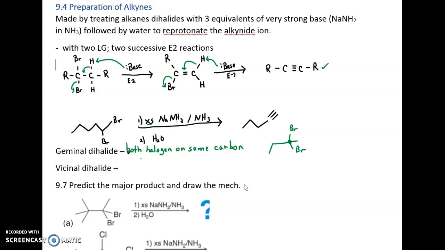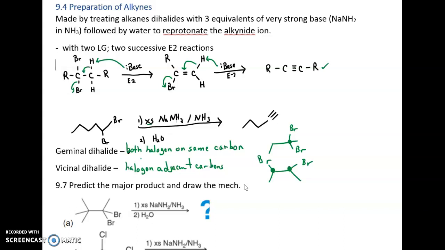Or they can be vicinal, and that means they're next to each other, so the halogens are on adjacent carbons. And for that, we'd have a structure like this. Here's one of the bromines, and the other bromine is down here. So this one is on this carbon, and the other bromine is on the other carbon, but they're right next to each other.